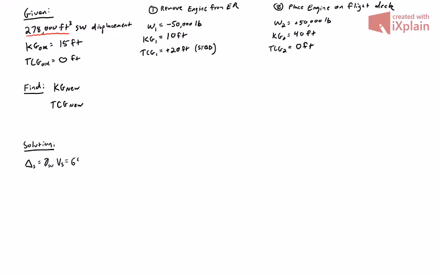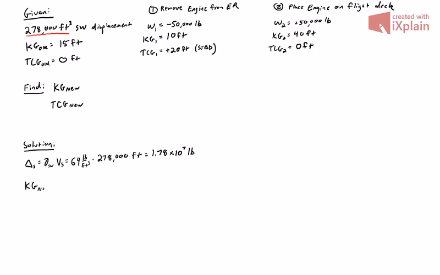So specific weight of seawater is our good old 64 pounds per foot cubed. It tells us we're displacing 278,000 cubic feet. Therefore, the weight of the ship is 1.78 times 10 to the 7th pounds. Now you could go ahead and convert everything to long tons if you wanted to, but our engine weight is in pounds and we have our displacement in pounds, so we already have consistent units. So I'm just going to go ahead and do it in pounds.